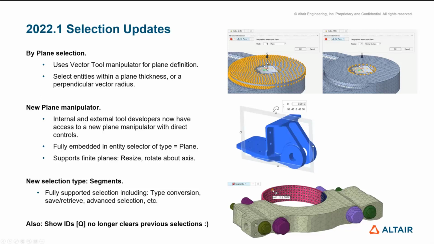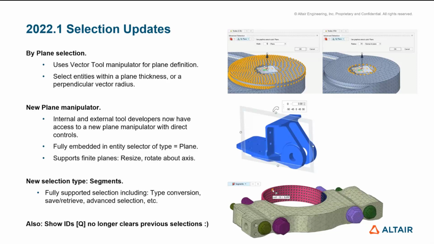By selecting by plane, you get access to the plane manipulator, in this case the vector tool, and you can select entities that lie within a thickness of a plane, or you can switch this to normal to plane, which is basically a perpendicular direction. And then you can change the tolerance radius for this. So this is basically like a cylinder selection. So it's kind of like plane and cylinder. Both of those should be available.